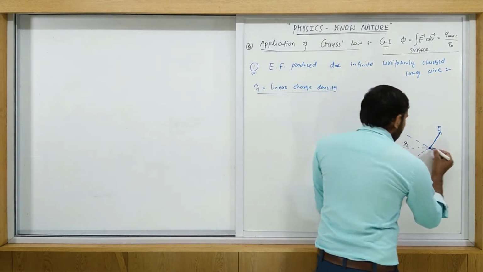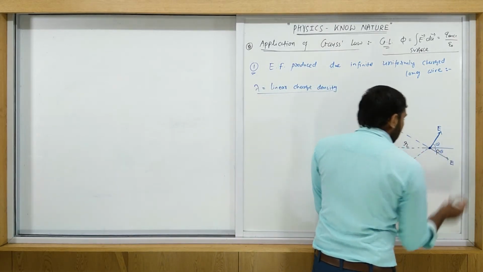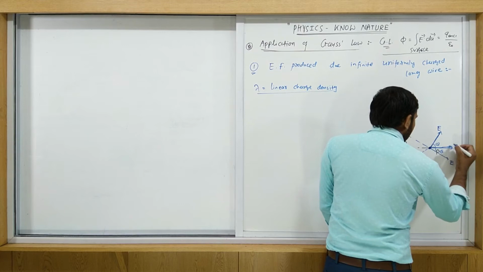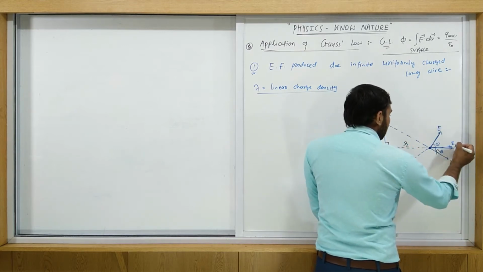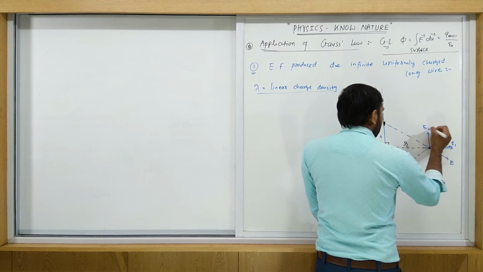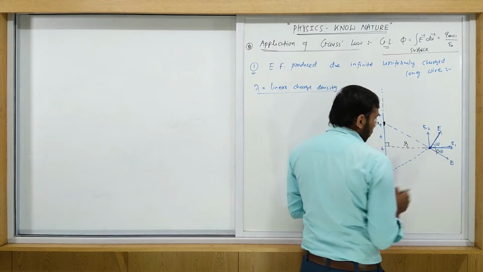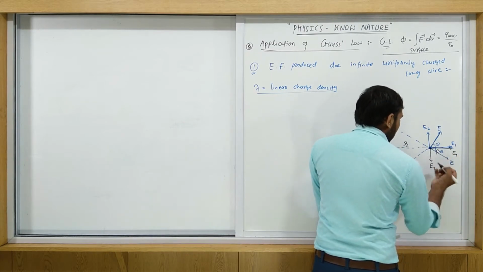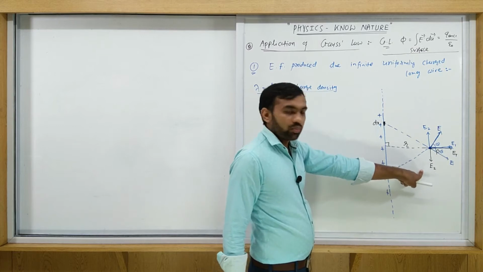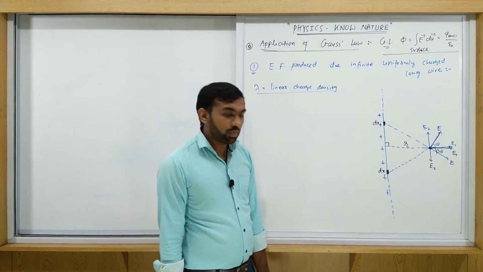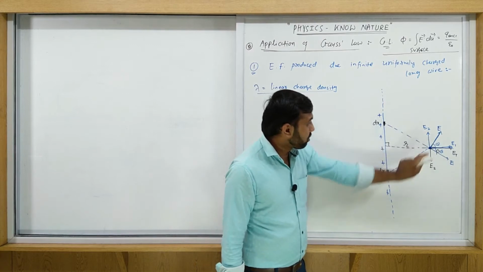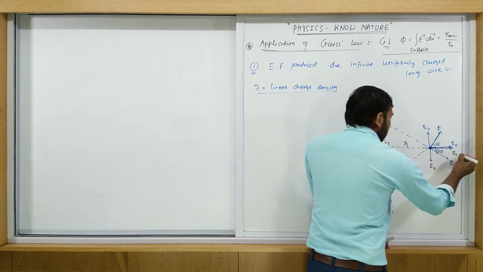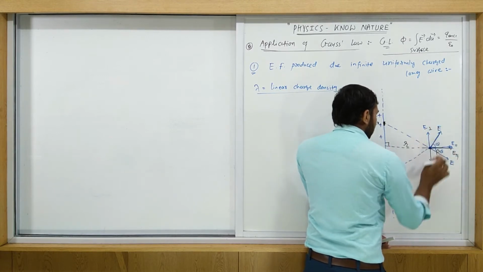For this you consider this angle is theta. So here there are two components: consider this one as the E1 component and here it is E2. Similarly, for the second one, E1 and E2 components are the same. So E2 cancels out and only E1 remains. One component, the perpendicular one, cancels out. We can call that E parallel and E perpendicular.